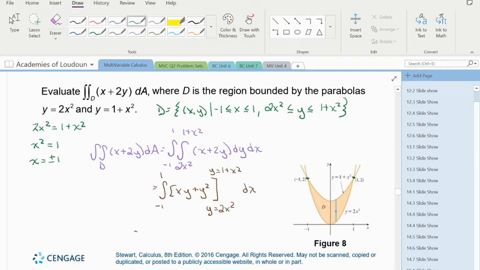Continuing this, we have the integral from -1 to 1 of x times (1 plus x squared) plus (1 plus x squared) quantity squared, minus x times 2x squared minus (2x squared) quantity squared, dx.